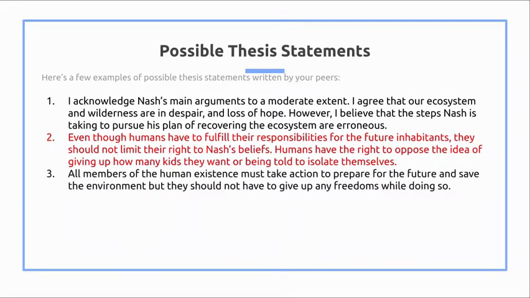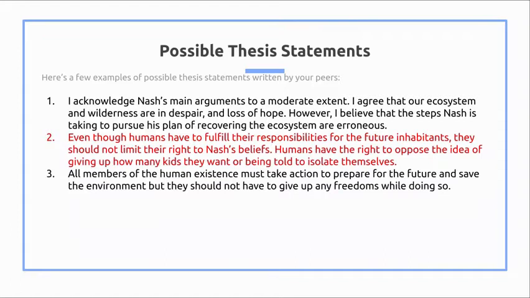3, all members of the human existence. Little confusing, that phrase. All members of the human existence must take action to prepare for the future and save the environment. But they should not have to give up any freedoms while doing so. I like this one. This is more simple. It is more general.